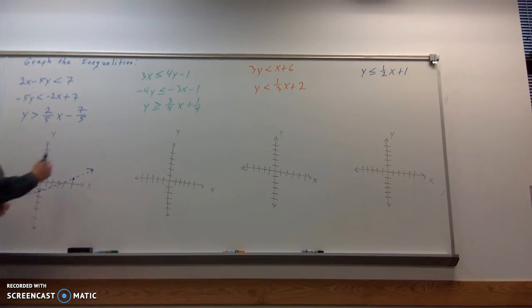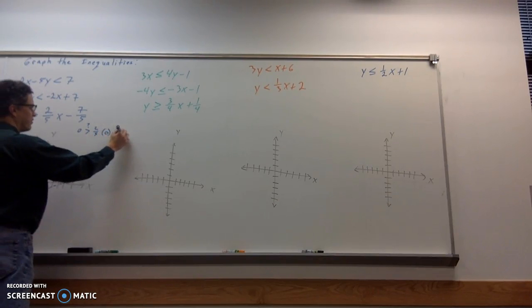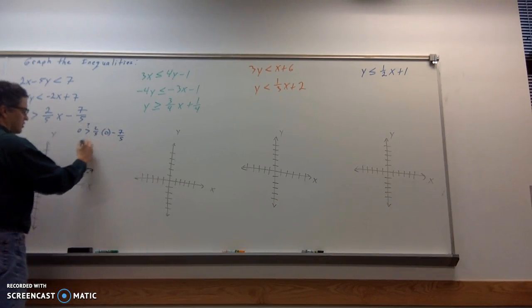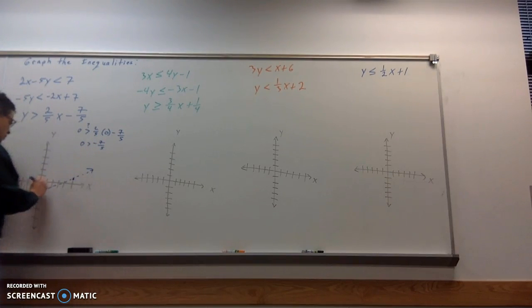It's a 50-50 chance. So they say, is 0 going to be greater than 2/5 times 0 minus 7/5? Well, 2/5 times 0 is 0, so 0 is greater than negative 7/5. So that's a true statement. So shade the side that works.